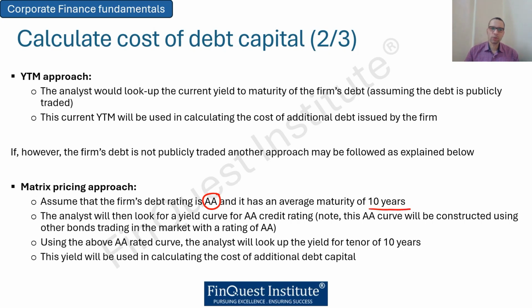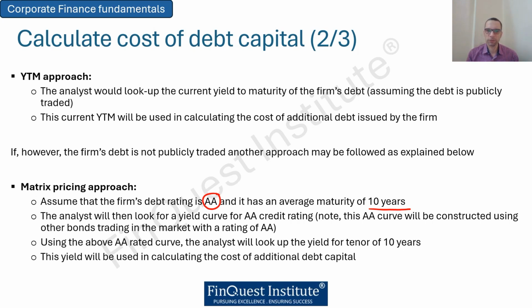Then we can again go to our market data source and look up the yield curve available for double A credit rating. There could be certain data sources where we directly get a double A rated credit curve, where the adjustments for treasuries are already done. If not, then you need to source the treasury yield curve from one place and then make an adjustment for a double A spread on top of it.